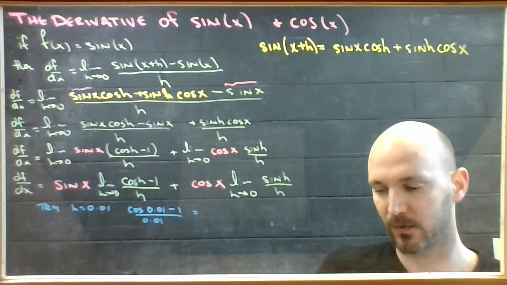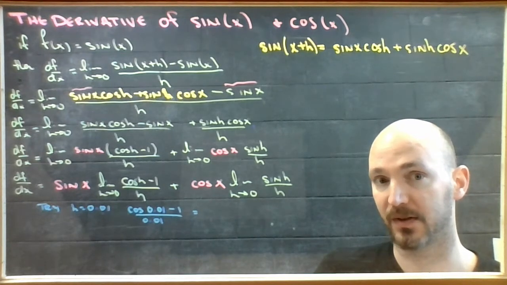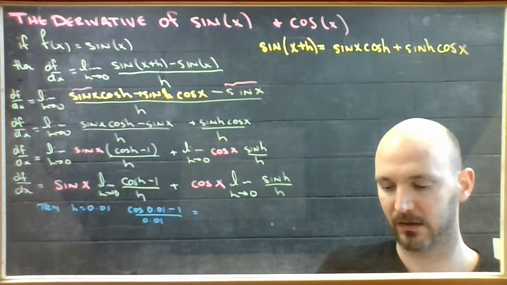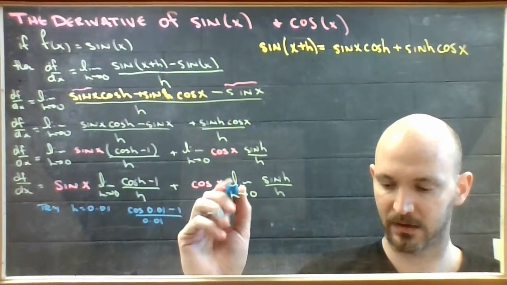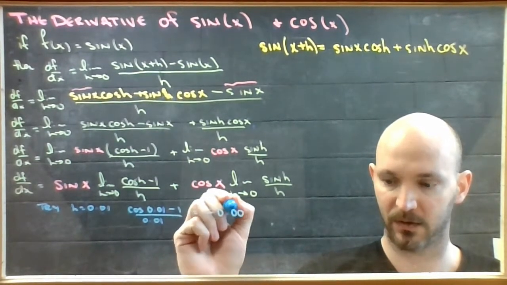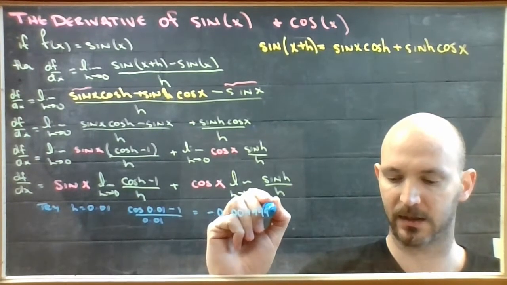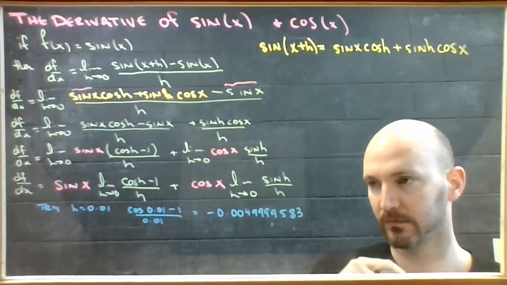If I subtract 1 from that, I get something on the order of 10 to the negative 5, so it's very small. Divided by 0.01 gives me negative 0.00499999583.